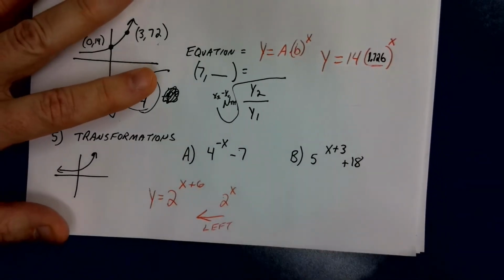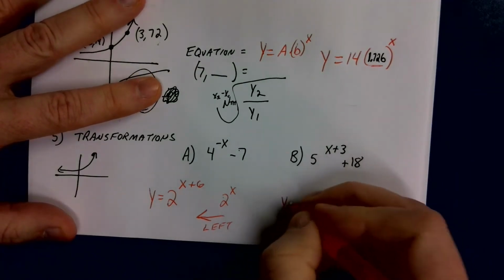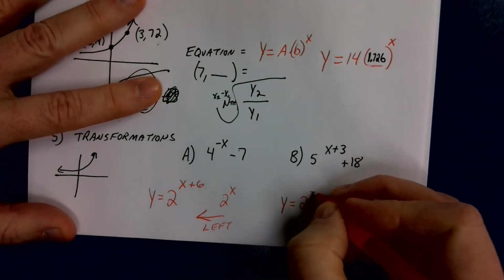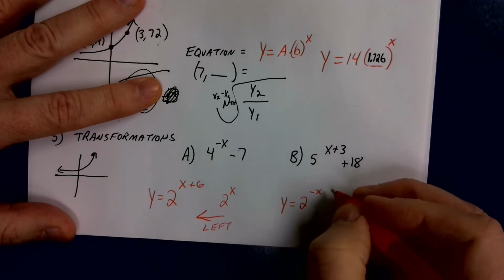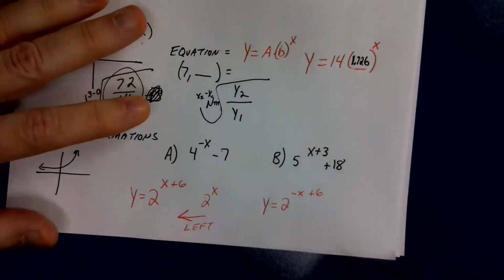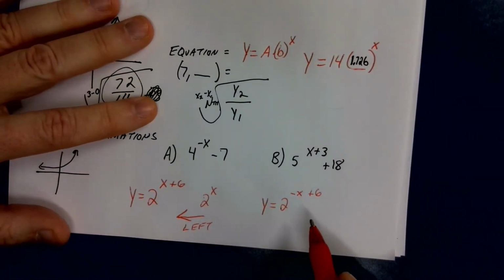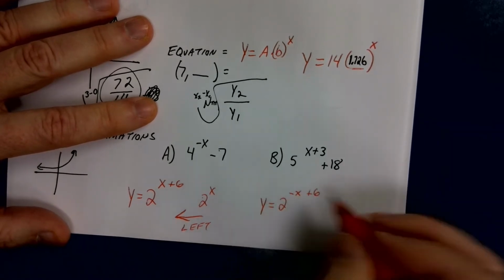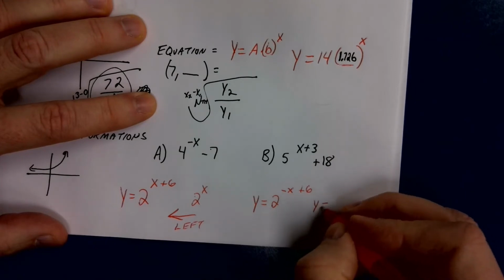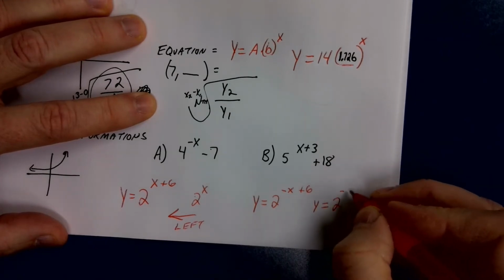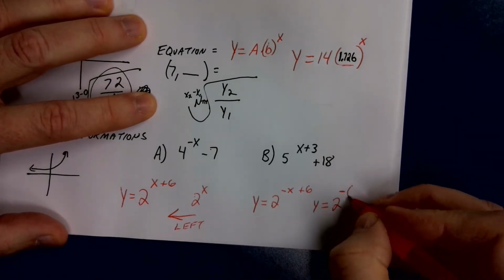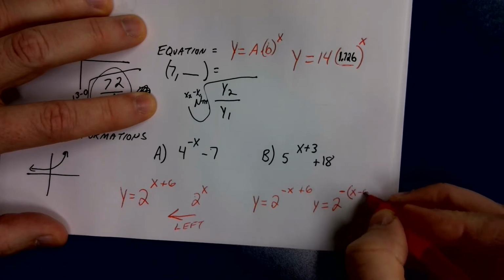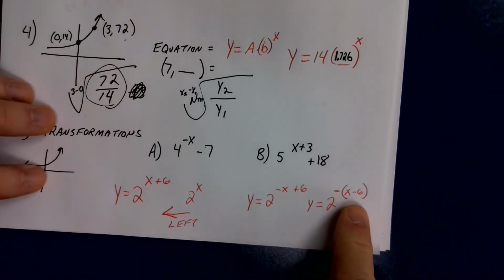Okay? But if I have this 2 to the negative x plus 6, what we really have to think about is when that reflection occurs. So I'm going to factor this negative out. So this is equal to 2 to the negative, right, that's the reflection, of x minus 6.